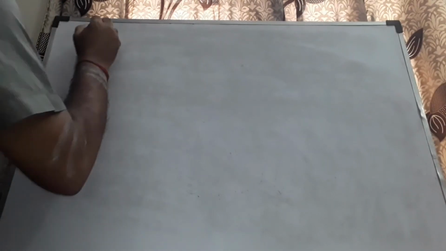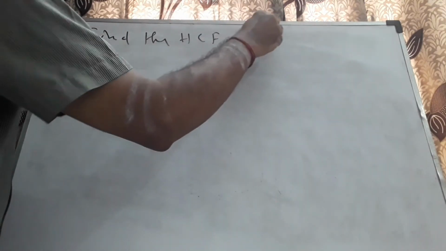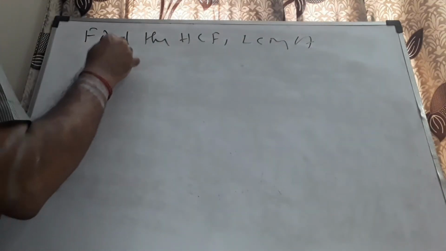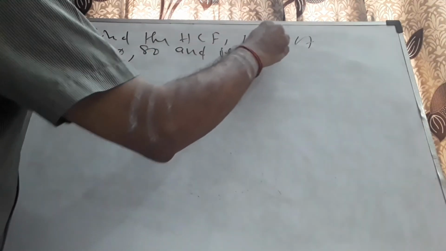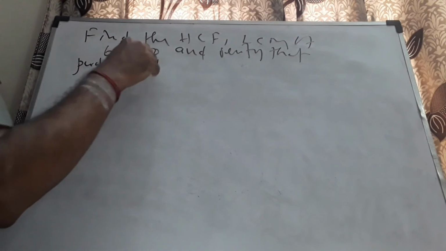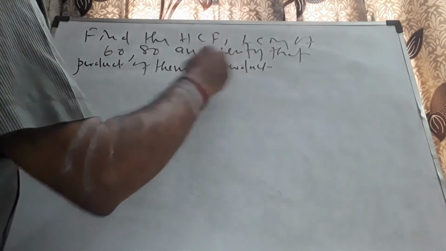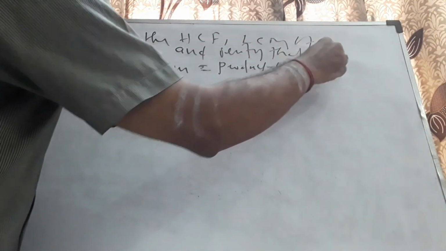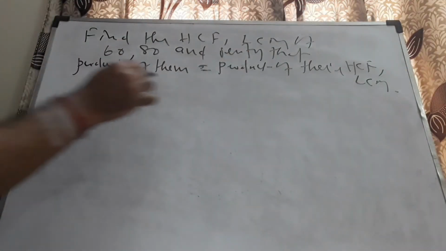Find the HCF comma LCM of 60 comma 80 and verify that the product of them is equal to the product of their HCF comma LCM. Let me verify this.